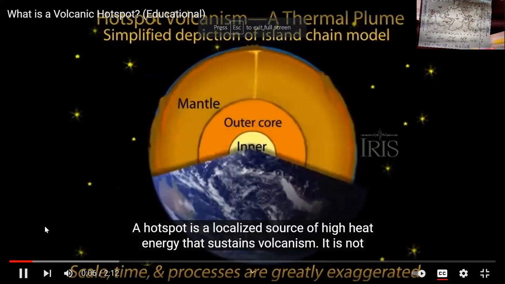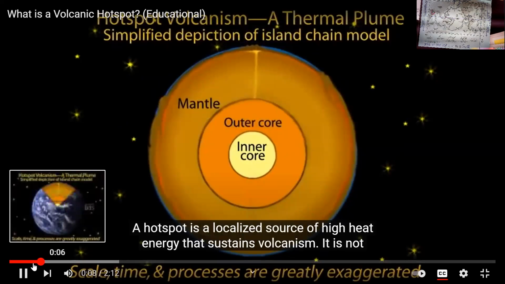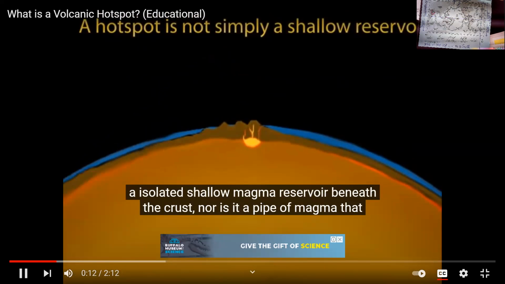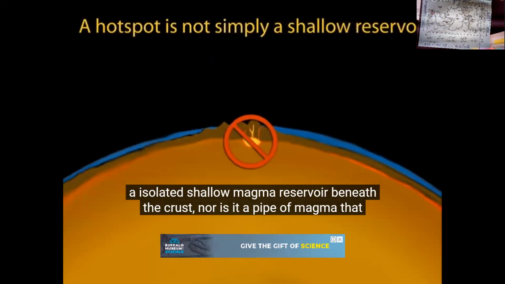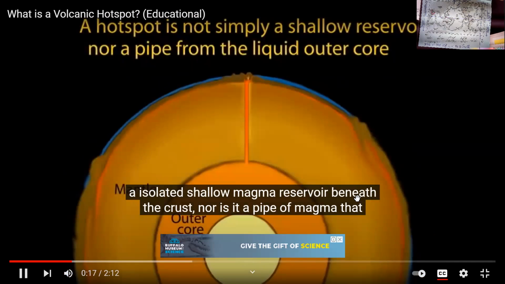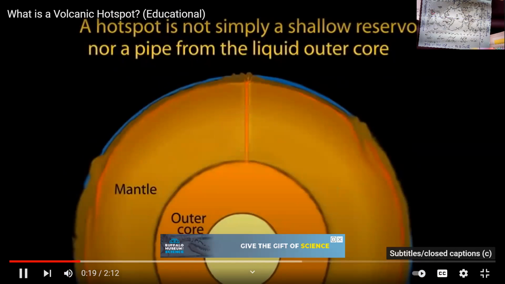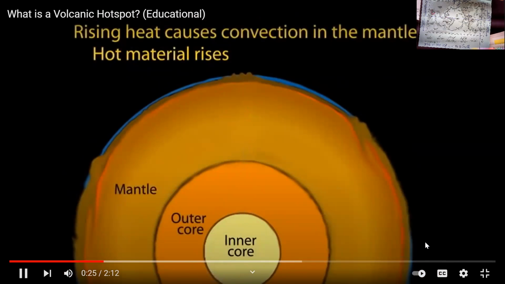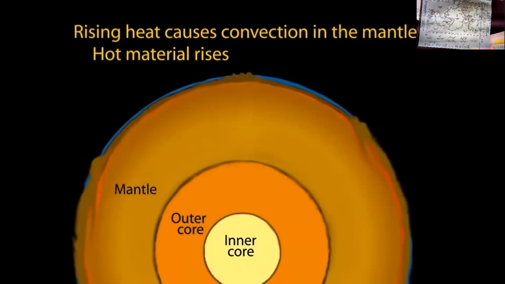A hotspot is a localized source of high heat energy that is the source of volcanism. It is not an isolated shallow magma reservoir beneath the crust, nor is it a pipe of magma that streams from the outer core. One theory holds that hotspots may begin as a blowtorch-like thermal perturbation in a zone between the liquid outer core and overlying mantle.